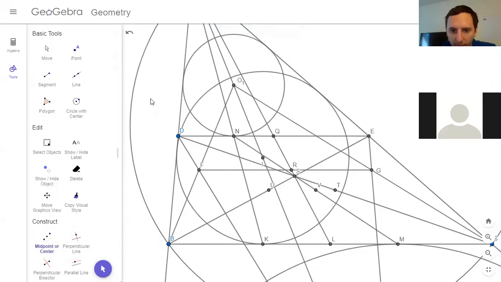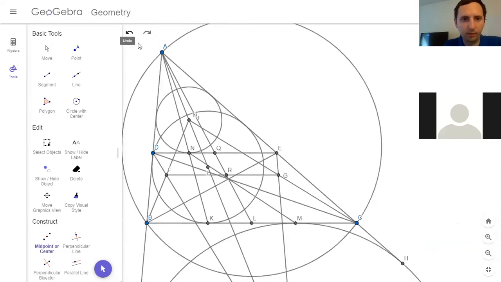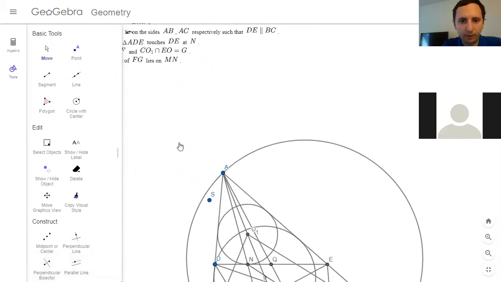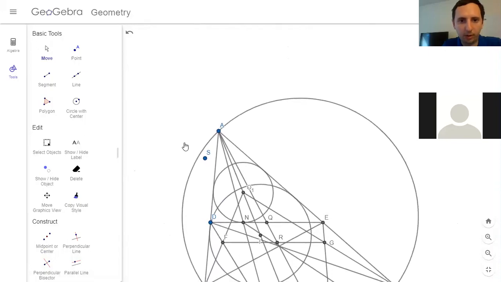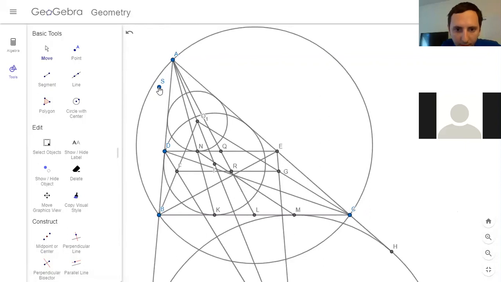The midpoint of FG, right? Yeah, let me zoom out. Undo a bunch of stuff. I feel like we're close. We want to show the midpoint of FG lies on MN.